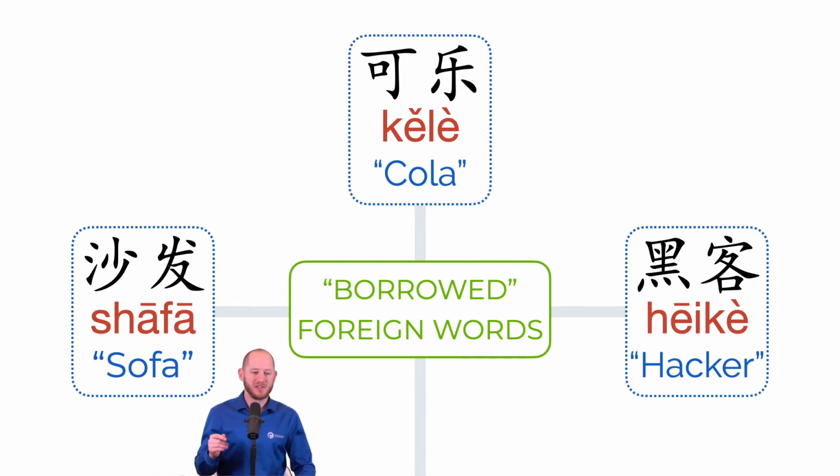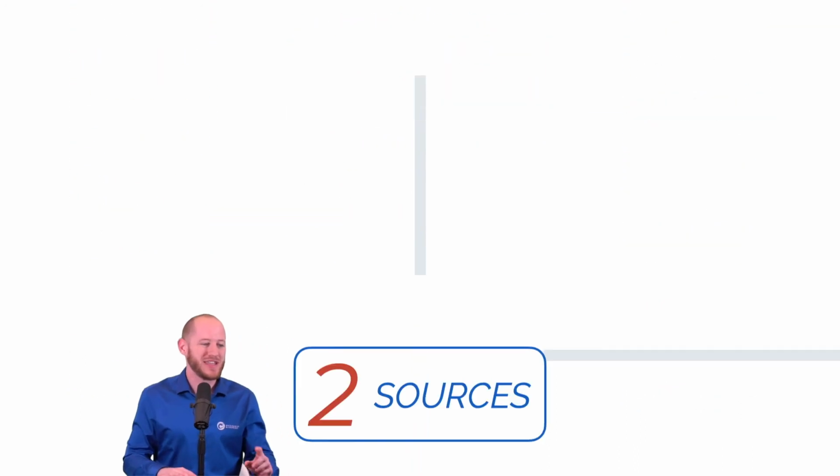So like there's the 客户端, the client or the software that you use. For example, WeChat has a desktop 客户端. And so what that is referring to is that you can be the dark guest on someone else's computer, the person who's not meant to be there. And so interestingly enough, with 黑客, they combined both the sound and the meanings of the characters, which is pretty neat. But that's not the only source of the two character morphemes.